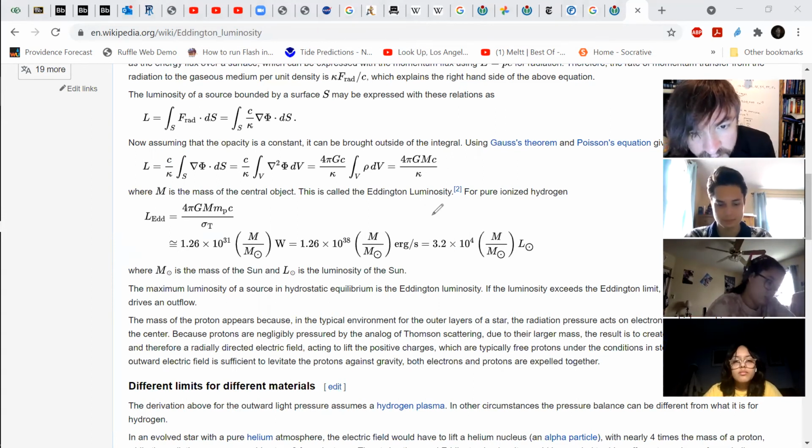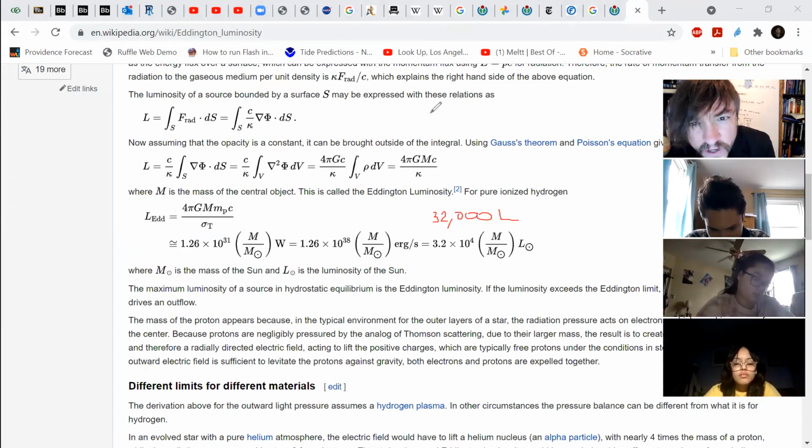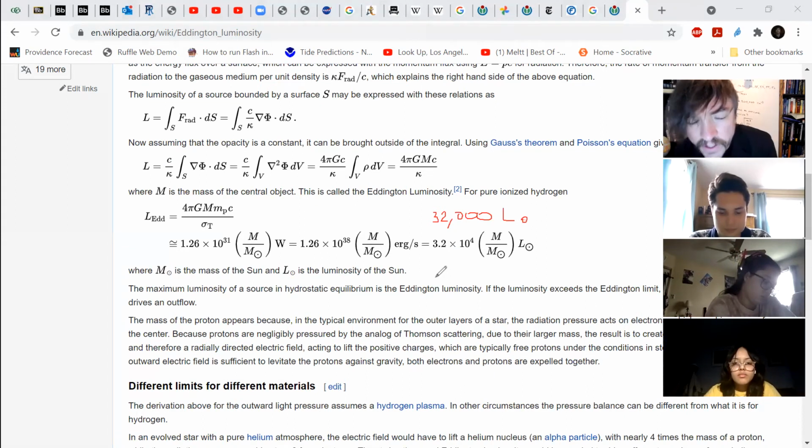This number, 3.2 times 10 to the 4, is 32,000. And what that means to me is if our sun was going to achieve its Eddington limit at one solar mass, 32,000 solar luminosities would blow our sun apart, okay?